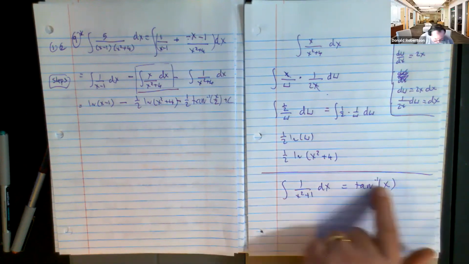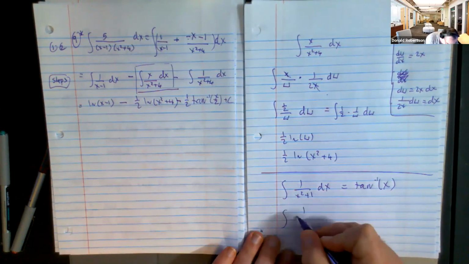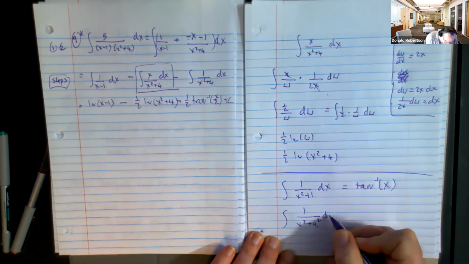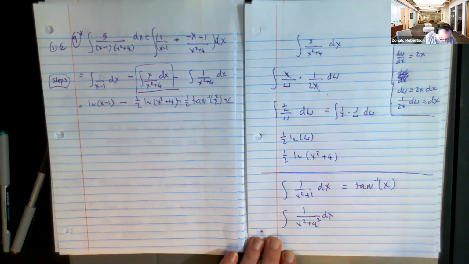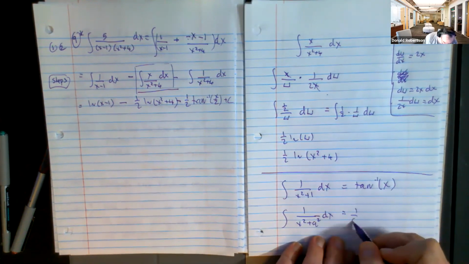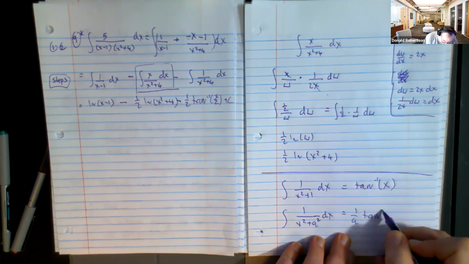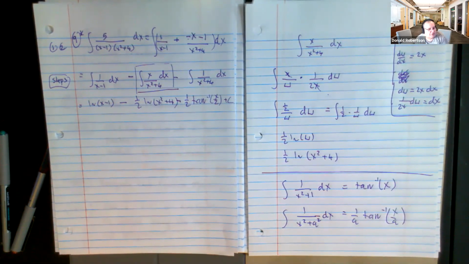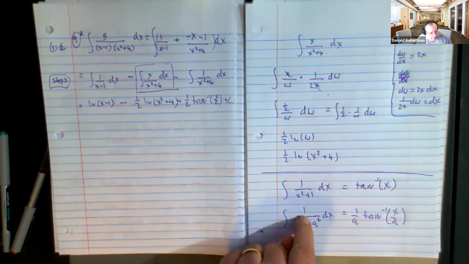There is an adaptation to this where you have an a squared, like a 4 or a 9 or a 16. And it's 1 over a, the inverse tan of x over a. It's basically a formula for getting the answer to integrals that look like this.